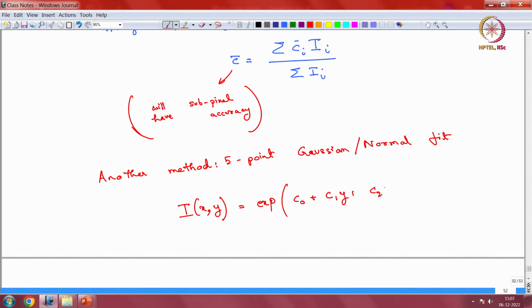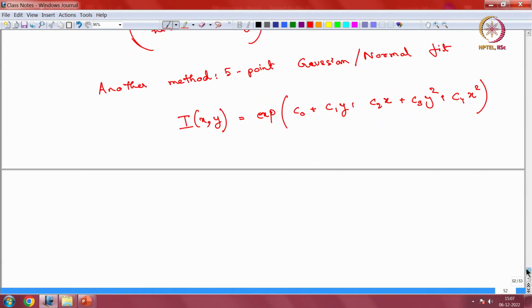Let us say this is y, this is x, then plus C3 y square plus C4 x square. And I hope you can see why it is being called a 5-point fit. And let us say x star, y star is the center of the particle, which is unknown.